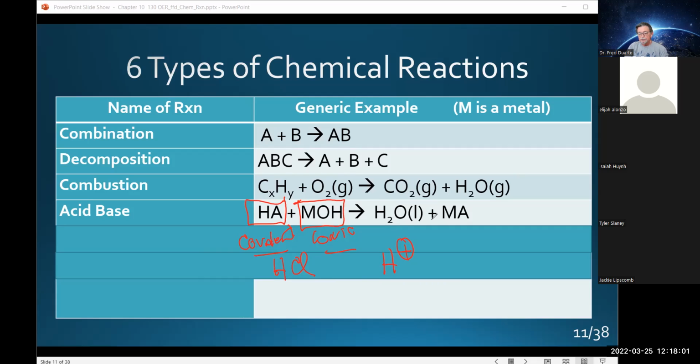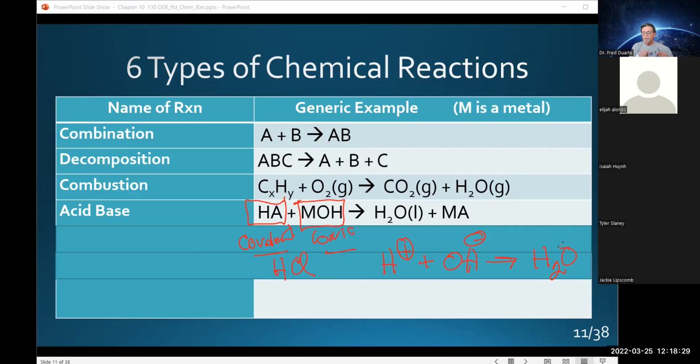And when that goes in solution, that base produces the hydroxide ion, which defines it as an Arrhenius base because it generates the hydroxide ion. When the proton and the hydroxide combine, they produce a molecule of water. It's a neutralization reaction. The proton, which is the acid, gets neutralized by the base.